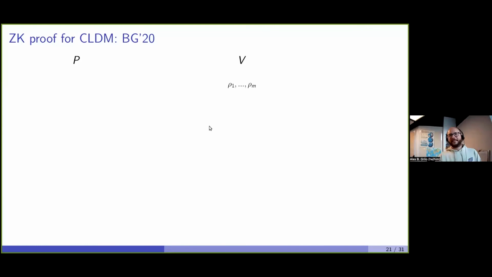So yeah, let me show how to simply lift this zero knowledge protocol for 3-coloring to this CLDM. We have the prover. We have these copies of psi, a state that is consistent with all of these local matrices rho 1 up to rho m.